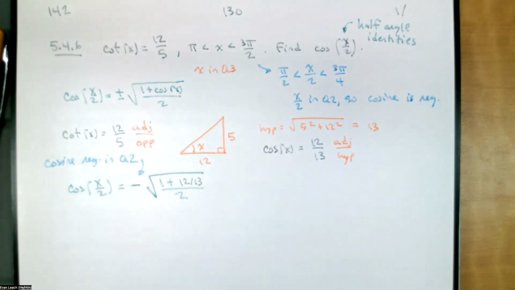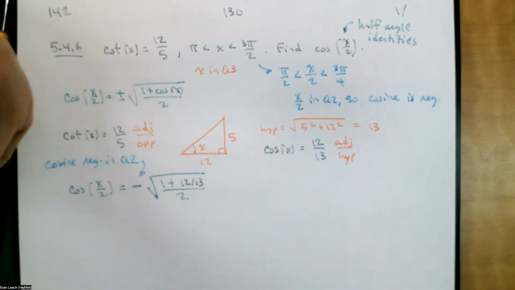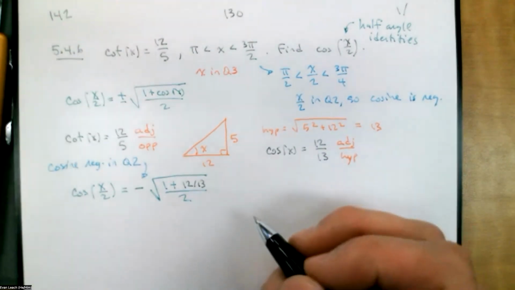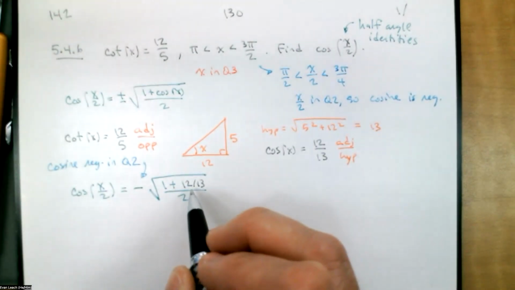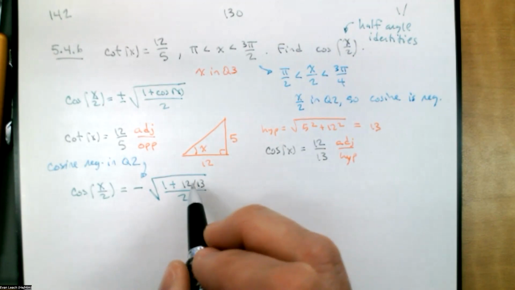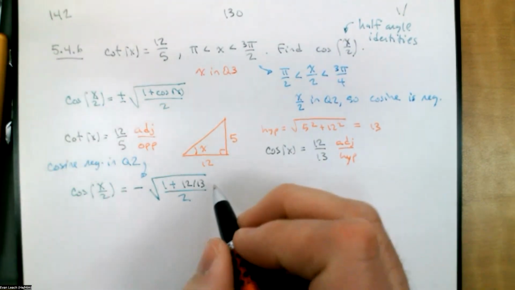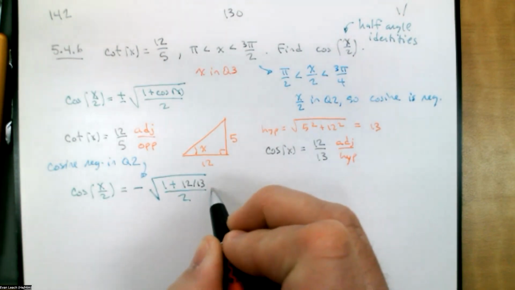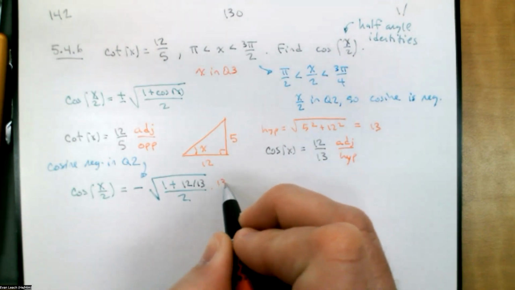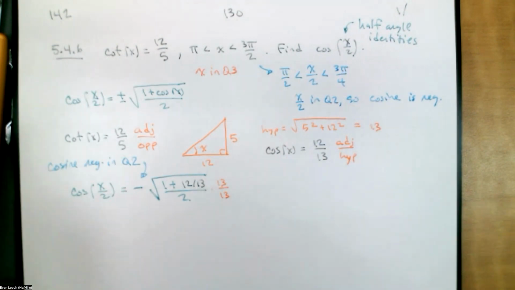We look at our list of answers and say, ah, this has been simplified. So we're going to have to simplify this. Once again, we have a complex fraction. I've got a fraction in the numerator of my fraction, and we don't like that. So I'm just going to take care of everything under the radical first by multiplying by 1, so 13 over 13.